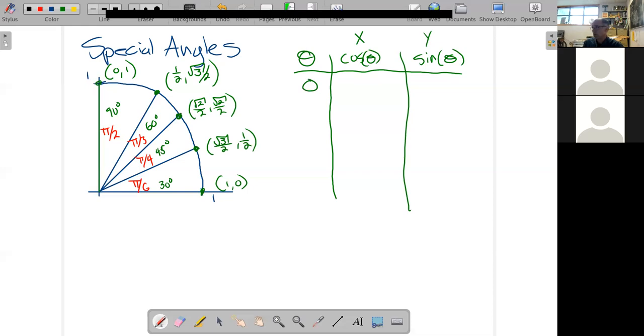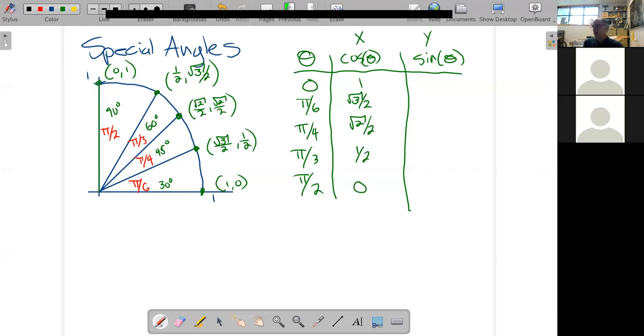Special angles are 0, pi over 6, pi over 4, pi over 3, and pi over 2. The cosine starts off at 1 and then shrinks down to 0. So 1, square root of 3 over 2, which is almost 9/10, square root of 2 over 2, which is about 0.8-ish, 1/2 or 0.5, and then 0.